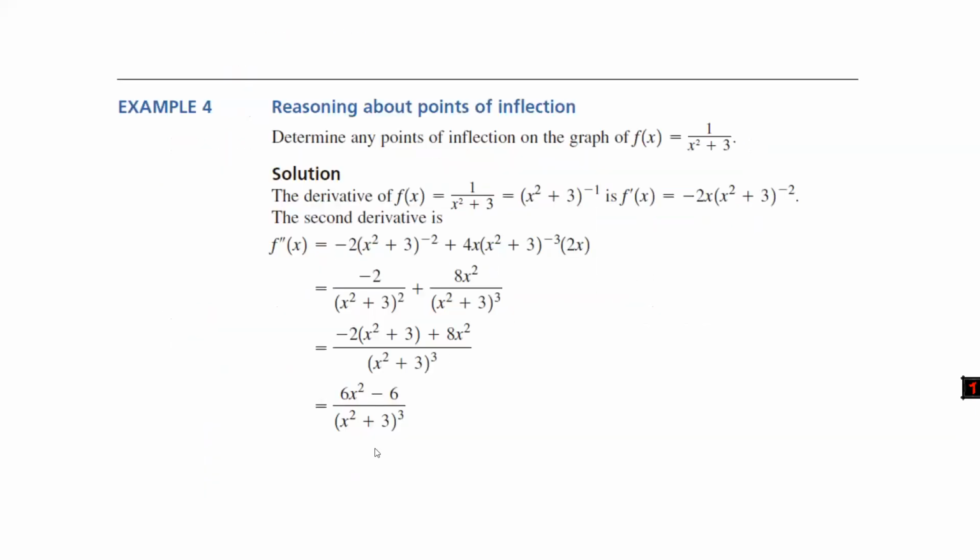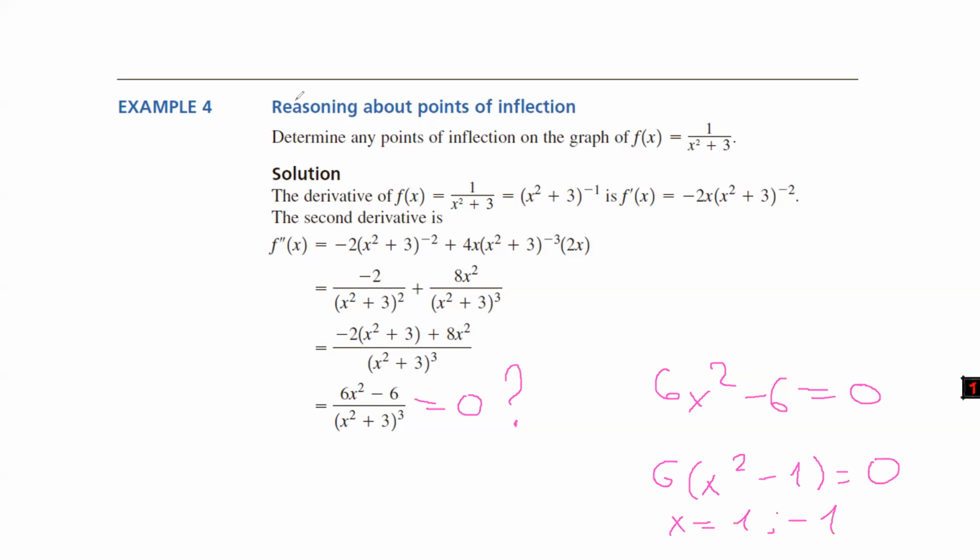How would you do it in this case? How can this fraction equal 0? You could take your 6x squared minus 6 and set that equal to 0. You factor out a 6, and then you have x equals plus or minus 1.